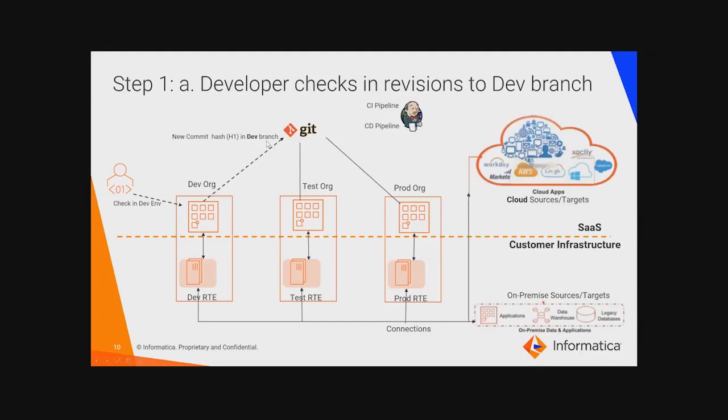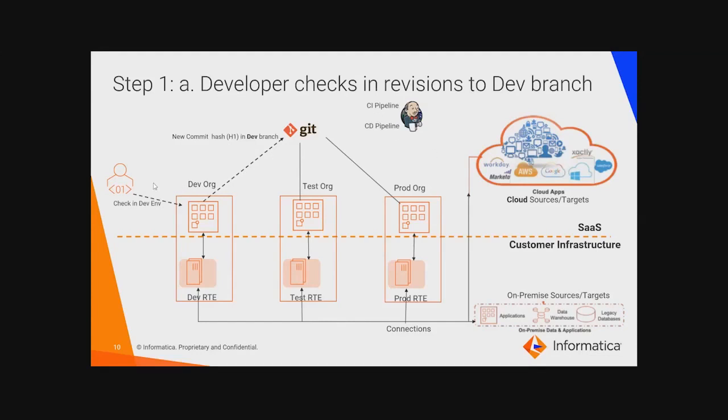Now, when the developer changes the code, a Git commit hash ID gets generated. This commit hash is basically an MD5 function for that particular change, so it's unique for each change.